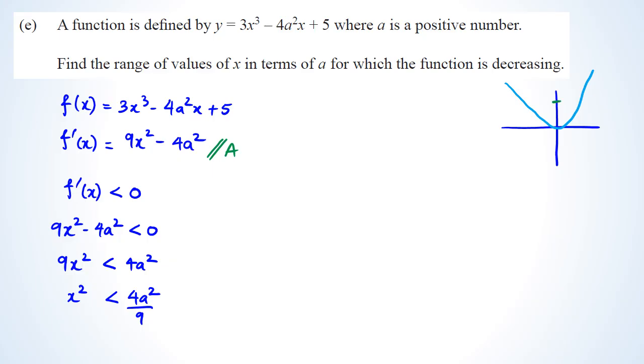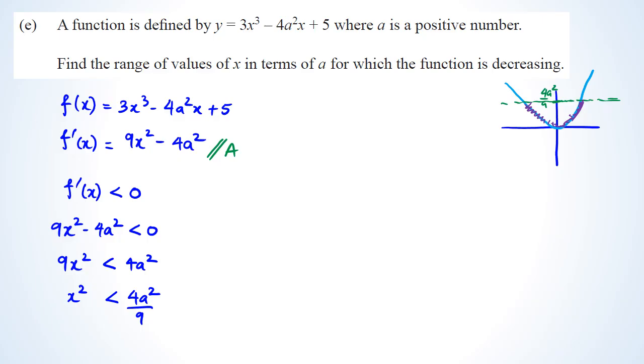So I'm going to put 4a squared over 9 right here, which means if I was to draw a line at 4a squared over 9, it's going to look like this. And if I say at what point is this parabola below that line, you can see it's this part that's actually below the line.